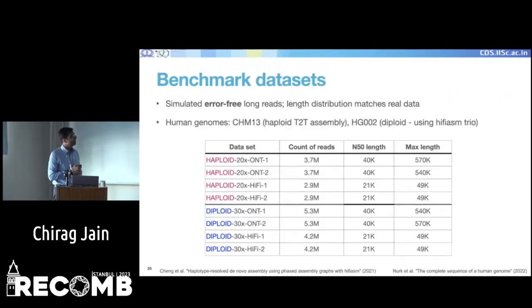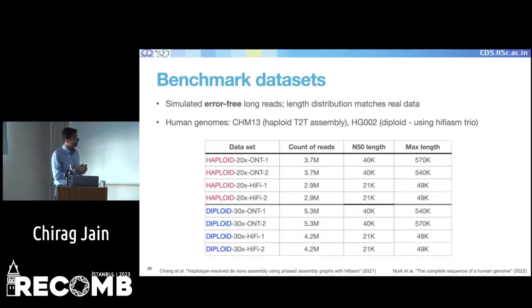So let's see how this method works in practice. For testing this, we simulated error-free long reads, but the reads have an actual real read length distribution. For example, if I simulate nanopore reads, then the nanopore reads will have a skewed read length distribution, whereas HiFi reads will have a normal distribution.